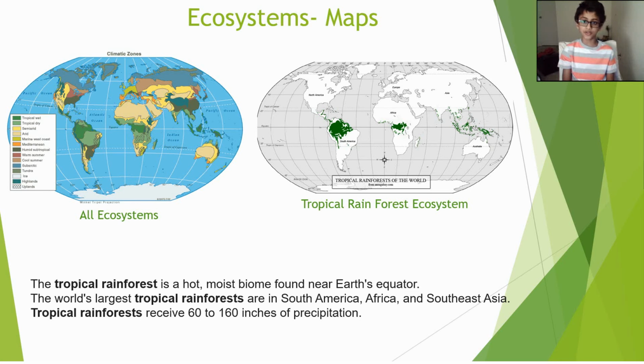And a tropical rainforest ecosystem is a very hot, moist biome. This is very obvious because you see that it is through the equator. So these ecosystems are through the equator and most found on Earth's equator.